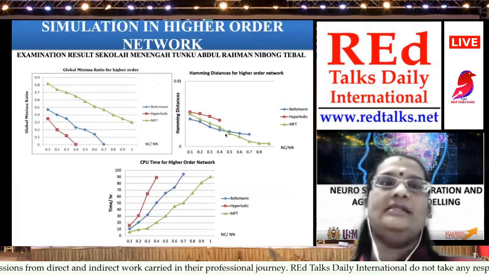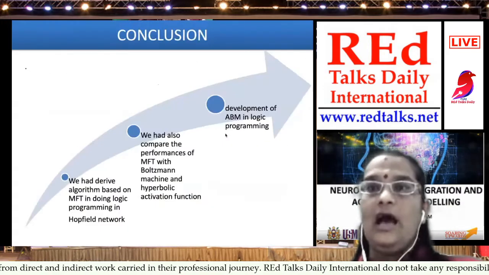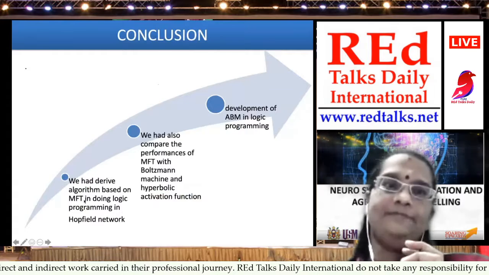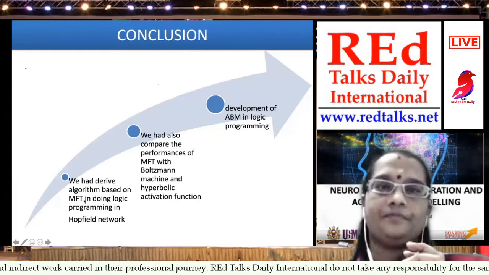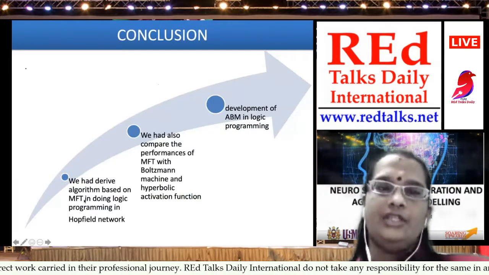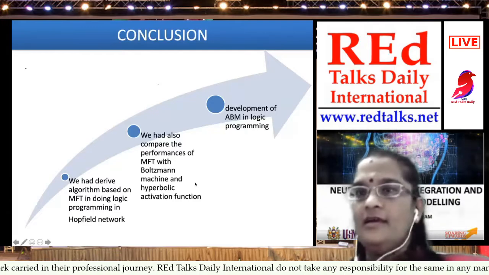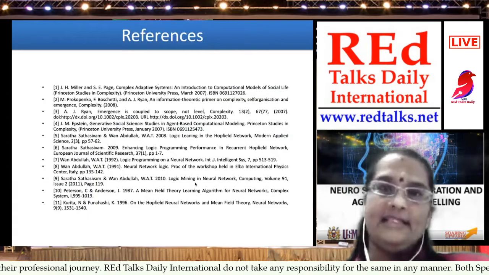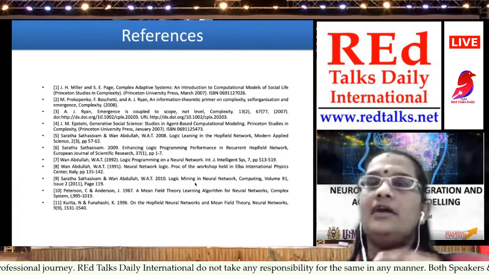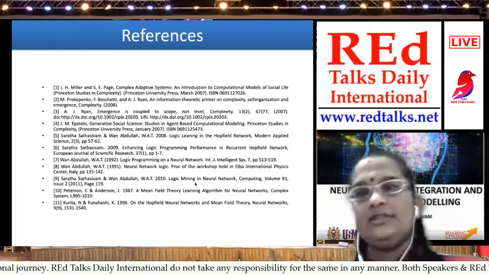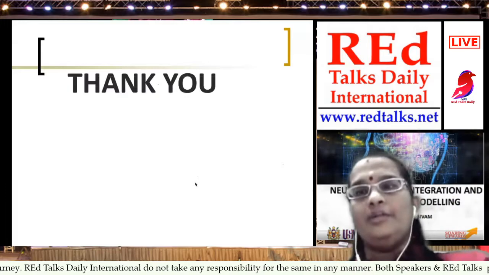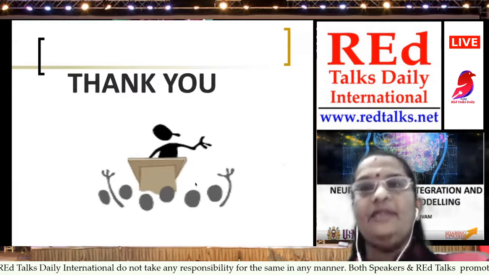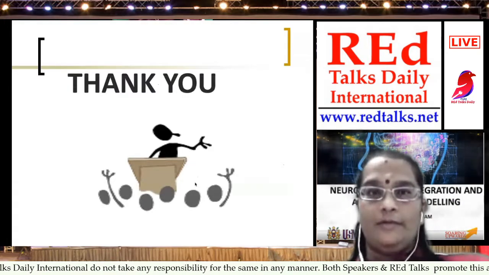And this is to see the animals in data zoos, how they interact with each other. So as a conclusion, I can say that MFT is better and is in progress on enhancing the performance. I can say that the integration of neural networks and logic programming in agent-based modeling is the best way to solve the problem.